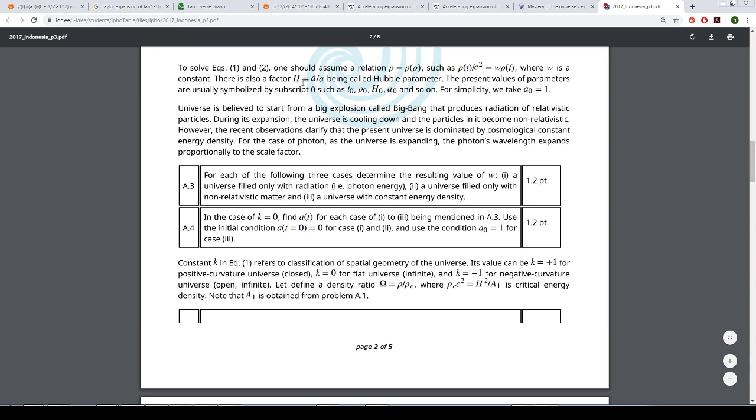Okay, so that's where Hubble's parameter comes in. It's also the Hubble constant.